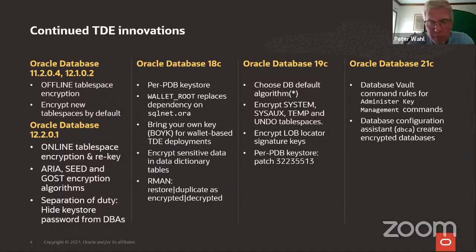That could be the wallet password or the password into OKV from the ADMINISTER KEY MANAGEMENT command line interface. In Oracle Database 18, we introduced the per-PDB key store. And finally, after many years of struggle, we removed the dependency of TDE on environment variables because they were error prone and not as stable as you would wish.